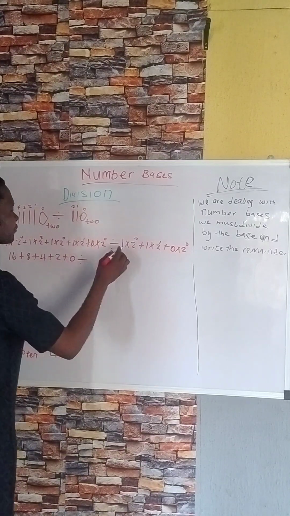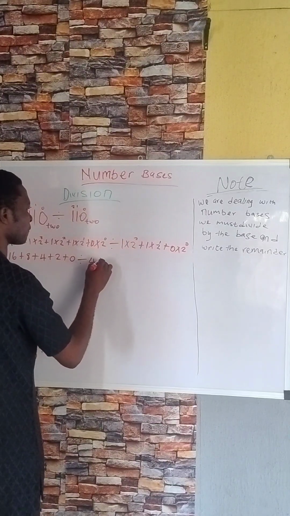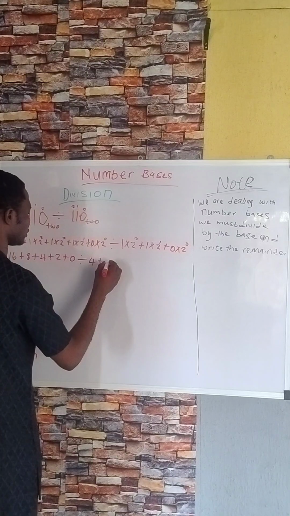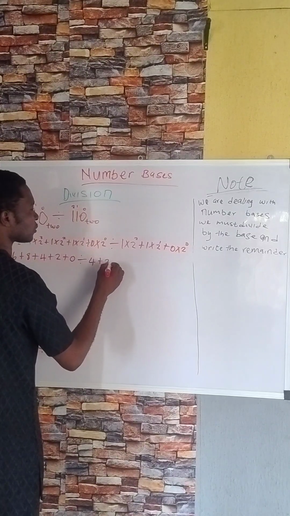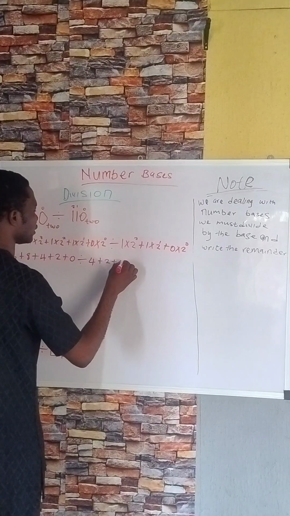Divide this by 2 raised to the power 2 is 4, times 1 is 4, plus 2 raised to the power 1 is 2, times 1 is still 2, plus 2 raised to the power 0 is 1, times 0.